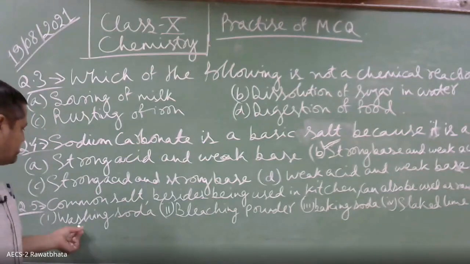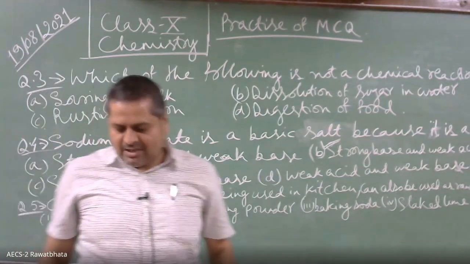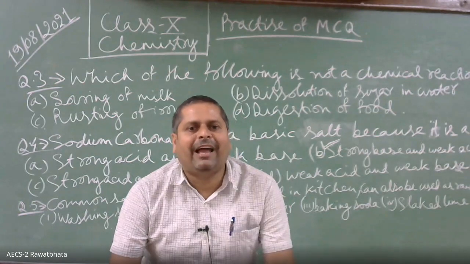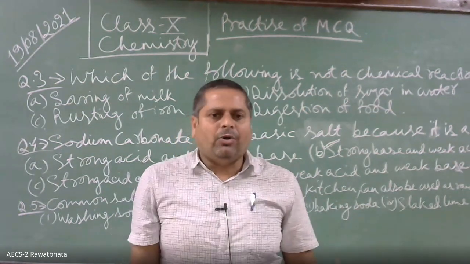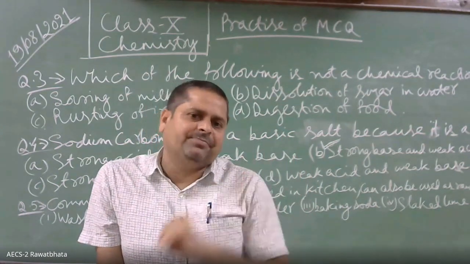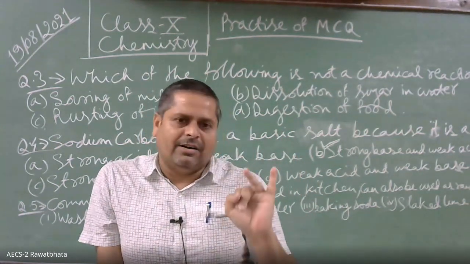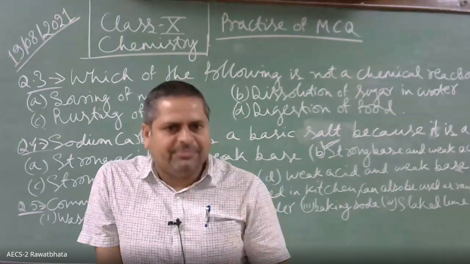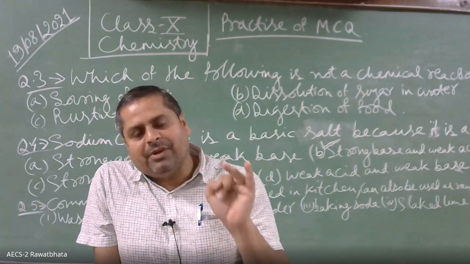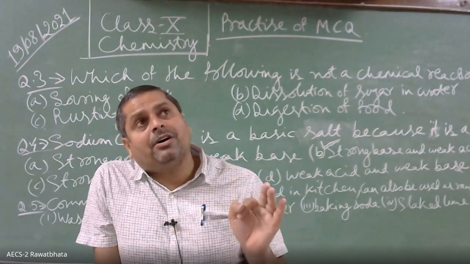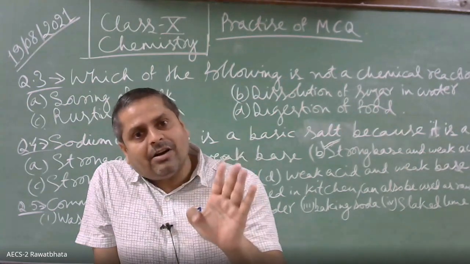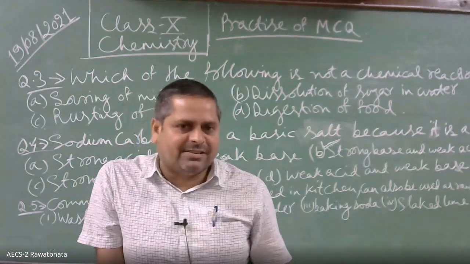And what about washing soda and slaked lime? See, children, let me tell you one thing. We have seen how to get the products like sodium hydroxide, bleaching powder, sodium bicarbonate, that is baking soda, and plaster of Paris.